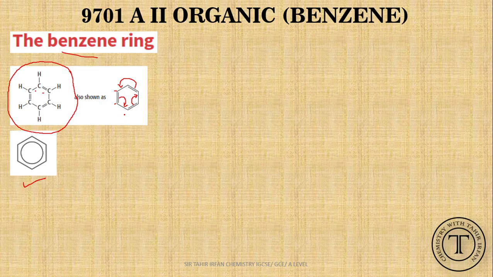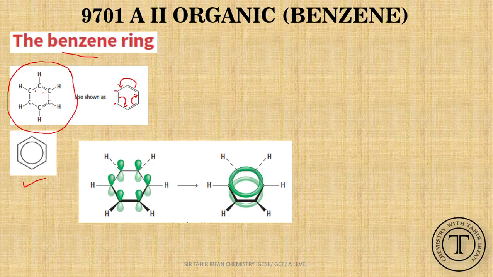This is different from other unsaturated hydrocarbons, where in most cases the position of the double bond is fixed. So actually, the double bond is not fixed as it is shifting in nanoseconds. So we can simply draw a round circle saying that the alternating single and double covalent bonds can be found anywhere.